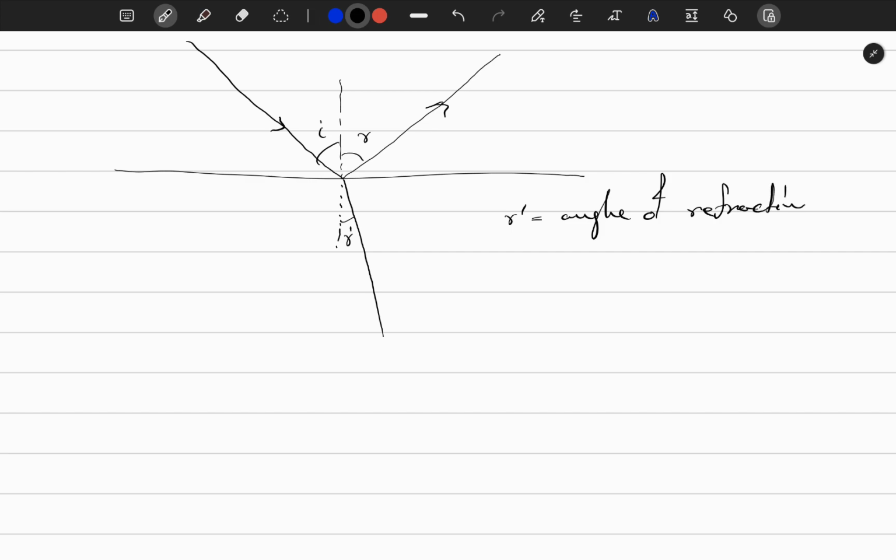The ray that enters the second medium is bent at the boundary and is said to be the refracted ray. So this is the refracted ray, and this is the reflected ray.